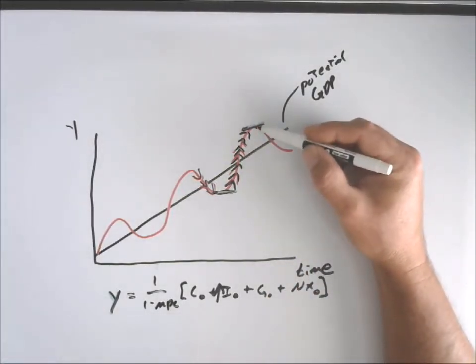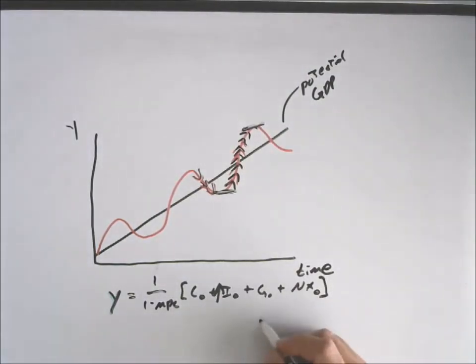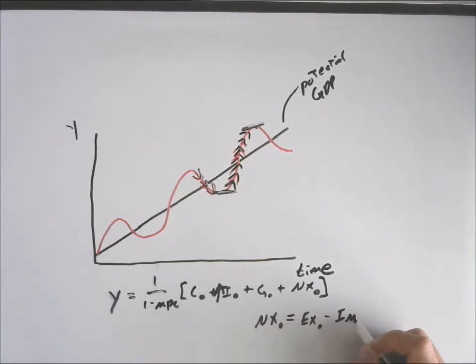Now, let's just say that for some reason, the export industry gets hit, say with labor union strikes or whatever, and dollars start being lost in the export industry. Well, NX0 equals EX0 minus IM0.